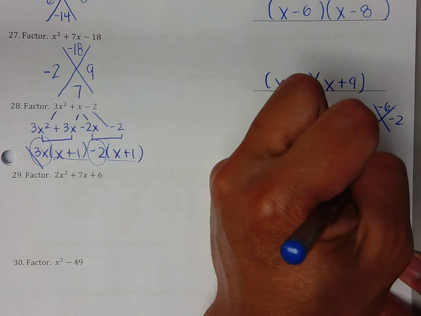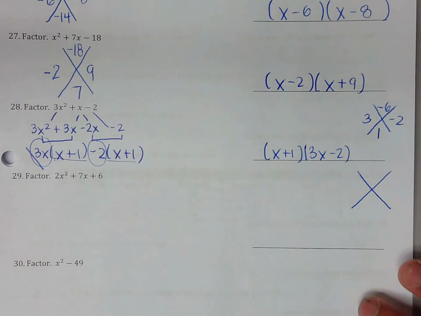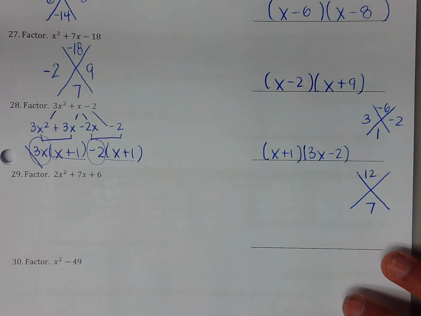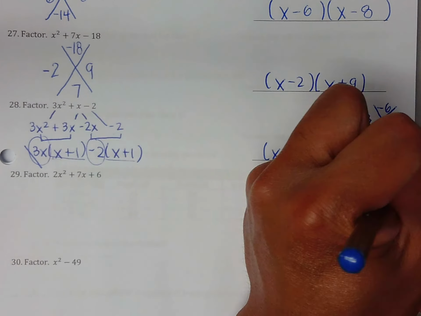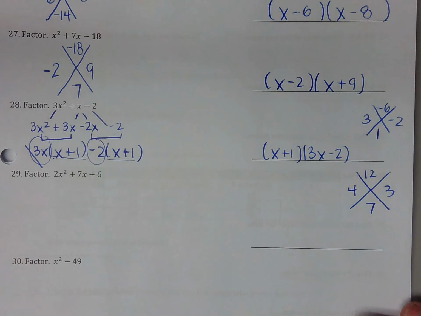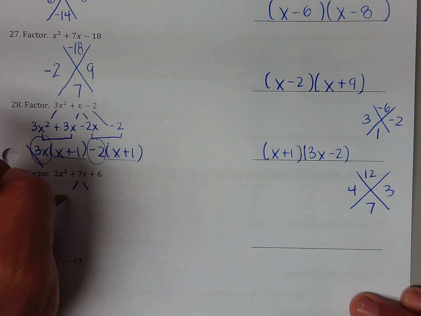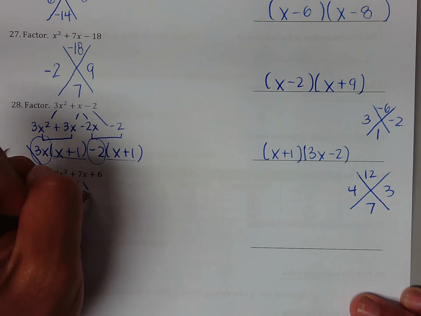All right, so here we go. We got 12 at the top, 7 at the bottom. Let's see, 12. Oh, yeah, 4 and 3. I was afraid this wouldn't work, but yeah, 4 and 3. Next, we go ahead and split up our 7x into 4x and 3x.